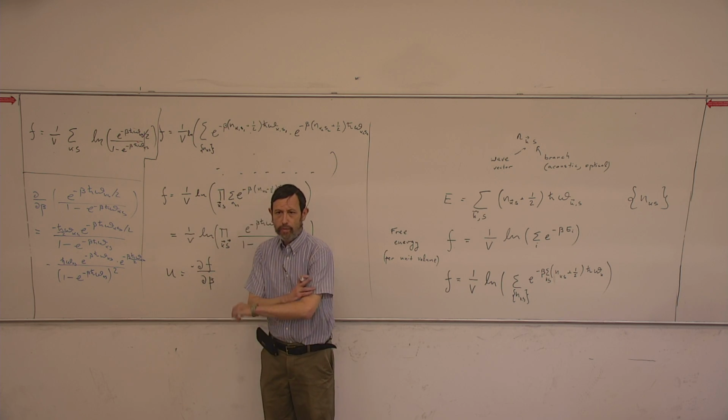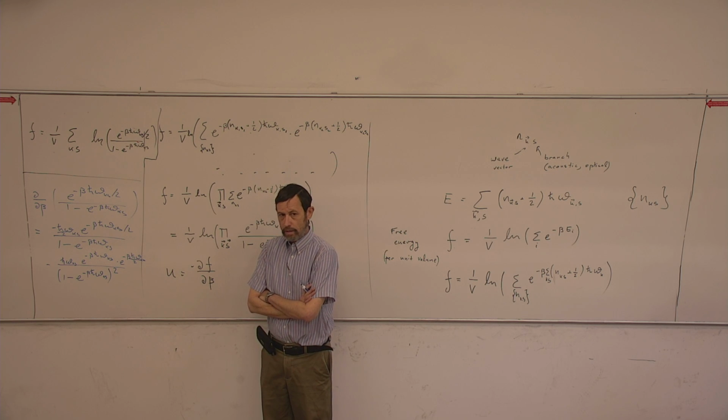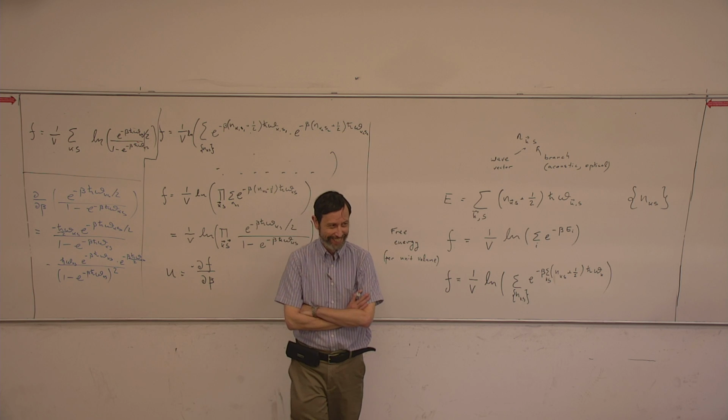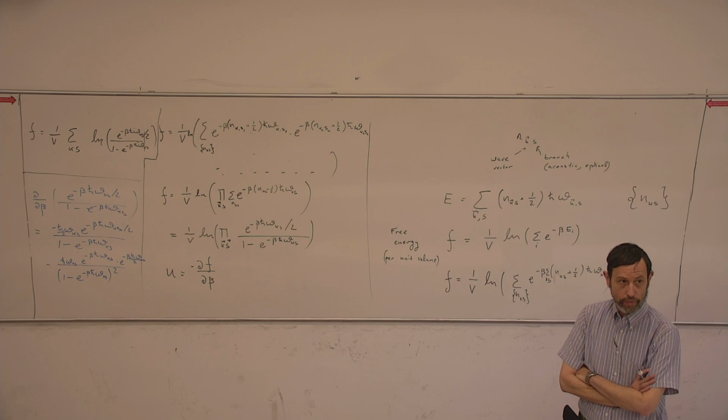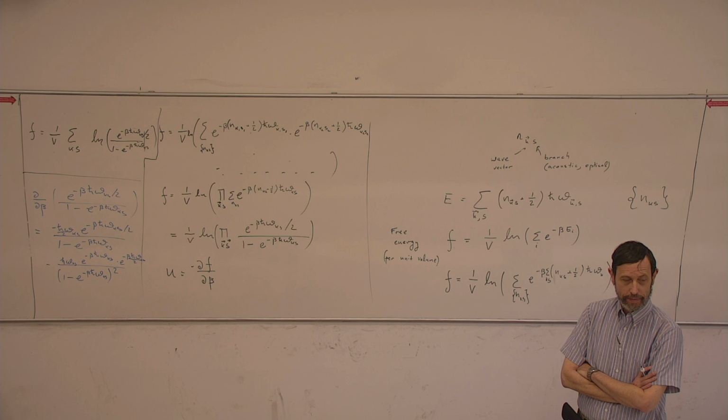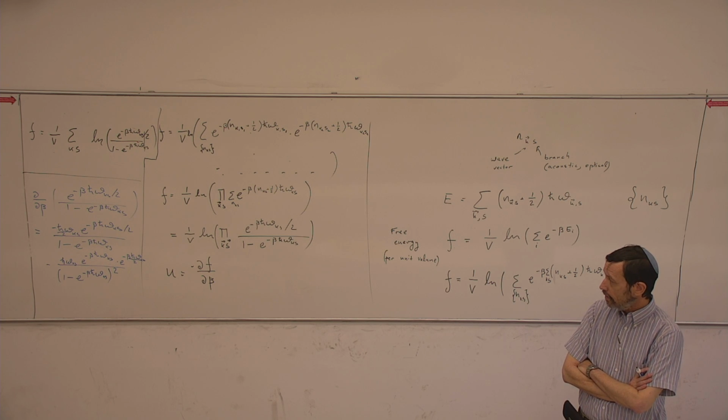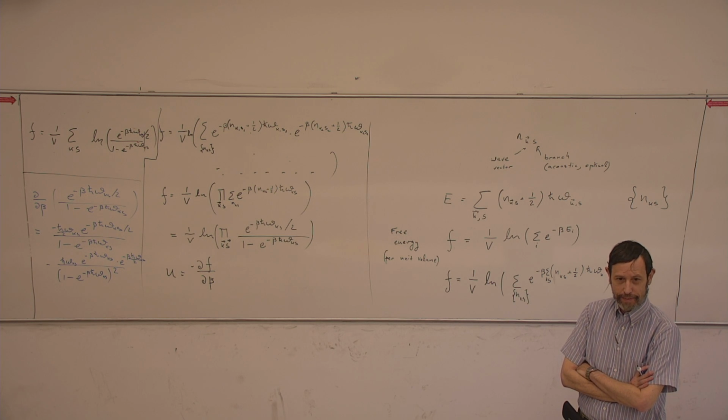So you remember, I assume that you have seen it already in statistical mechanics. Yeah, we saw something like this. Not exactly. So what do we do to get something concise?